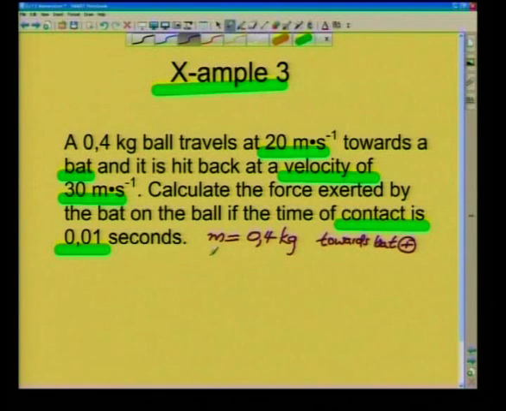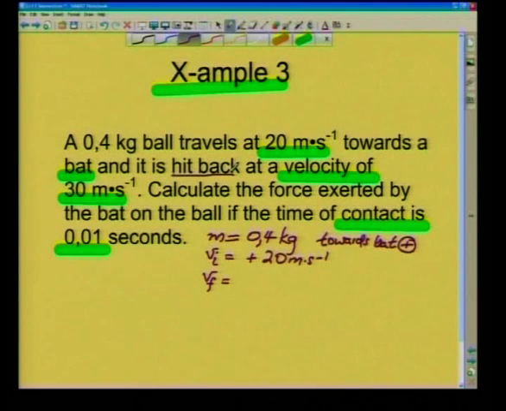Okay, so towards the bat, it's moving at 20 meters per second. So that is the initial velocity. It's plus 20 meters per second because we have said towards the bat is positive. Now, what is the V final of the ball? V final is 30 meters per second away from the bat because it is now hit back at that velocity.